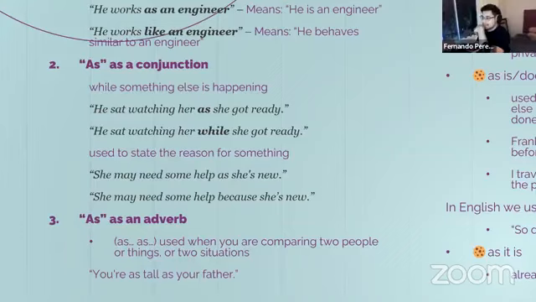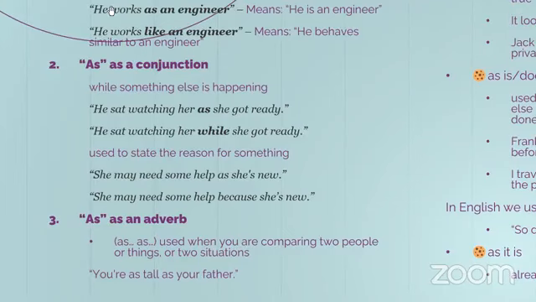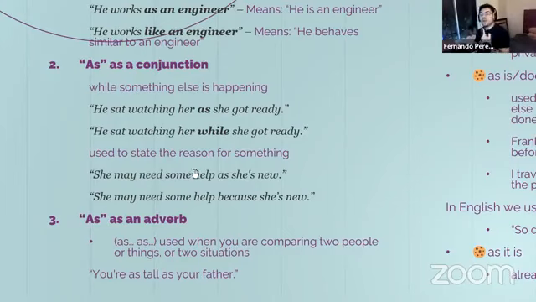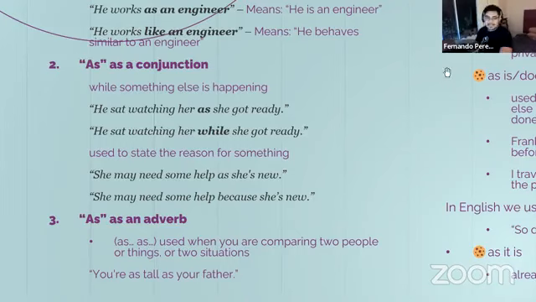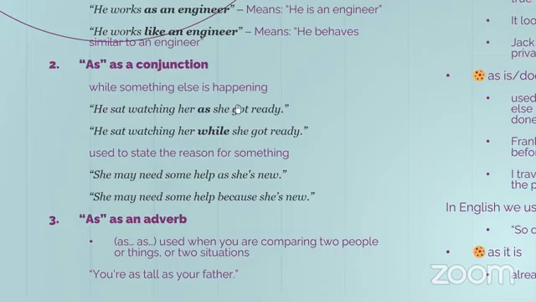That is right. In this case, the word as is not similar to like. It's a connector that means while. And while, we know, is similar to simultaneously, at the same time something else is happening. So in the first example, as means while.